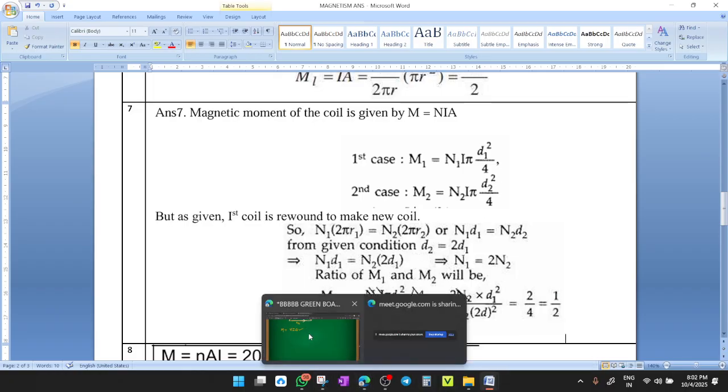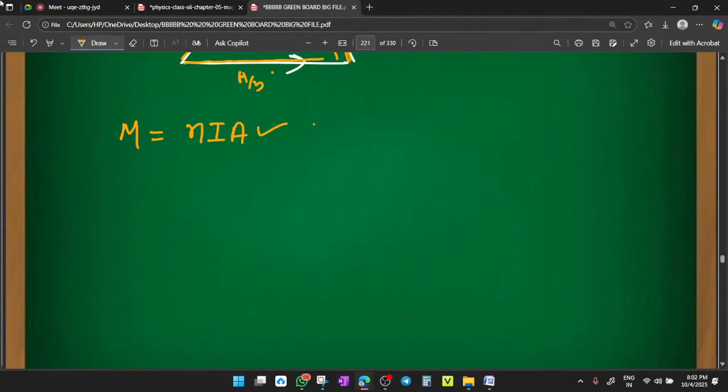See here, the formula equals NIA. This should be capital N. So N1 is the number of turns, I is the current, A equals pi r square.